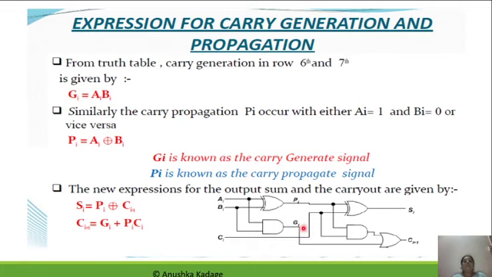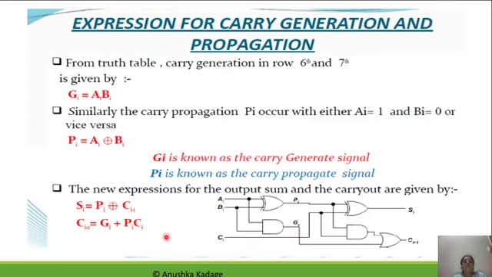So in the previous slide also I told you Pi is nothing but the carry propagate and Gi is nothing but the carry generate. Pi indicates the C out is to be carried as the value of C in itself, while Gi indicates that the carry out value should be equal to 1.